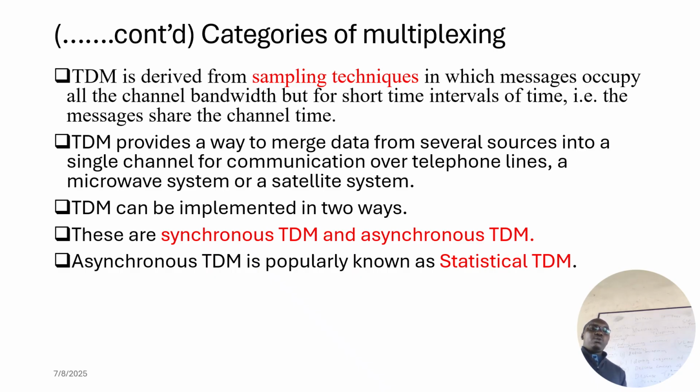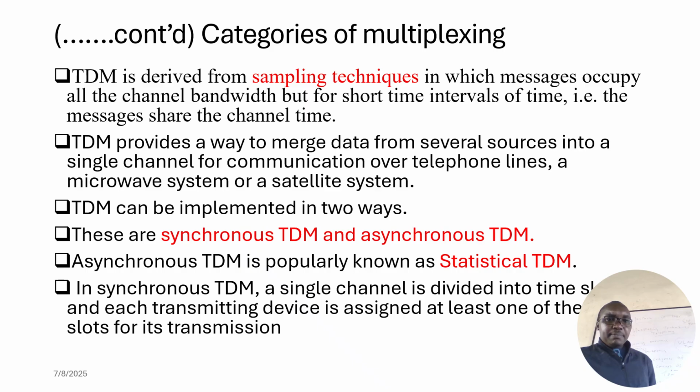Shannon is the one who came up with explaining transmission mathematically. Are we together? Statistics is about mathematics, and that's why you see somebody says, I've done mathematics and statistics. So that's how you can explain the properties of a channel mathematically. The unit used to be called probability and statistics. You should also know that probability goes with statistics. So asynchronous TDM is known as statistical TDM.